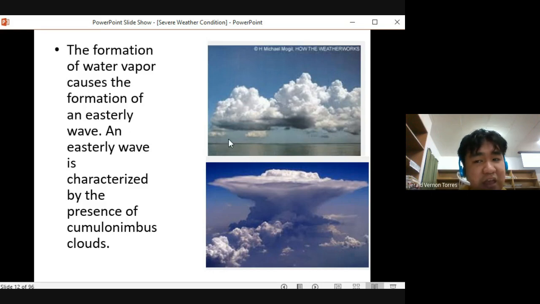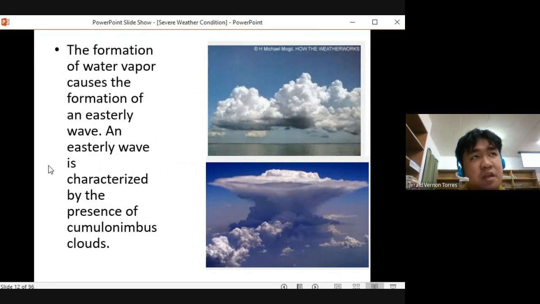Na-form to kasi yung water vapor nyo na-lift up siya pataas due to the prevailing winds. And the lifting of the water vapor upwards causes it to condense to form your cumulonimbus cloud. So pag may cumulonimbus cloud na tayo, tinatawag na siya na depression. Not depression, sorry for that. It will be called as your easterly wave.